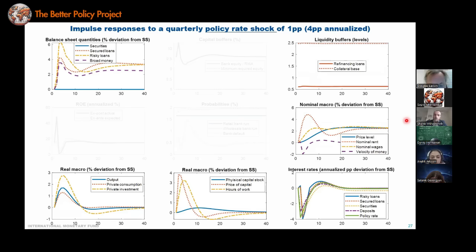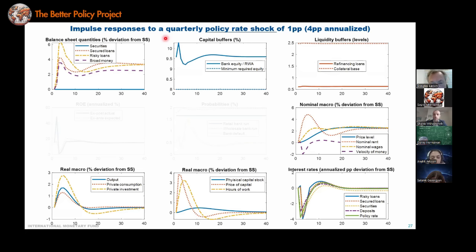But the key thing is that even though liquidity side doesn't change as much, when lending spreads are compressed, banks have lower retained earnings, lower profit, and therefore capital declines. And by the way, initially here, capital jumps up because of positive realization of maturity risk or interest rate risk.